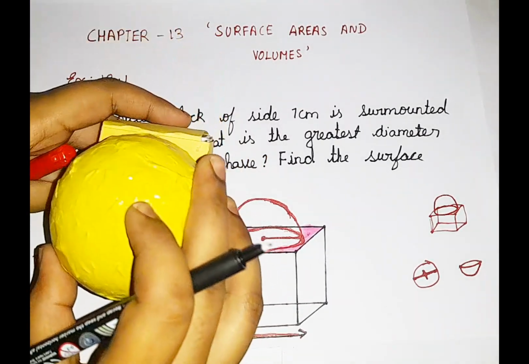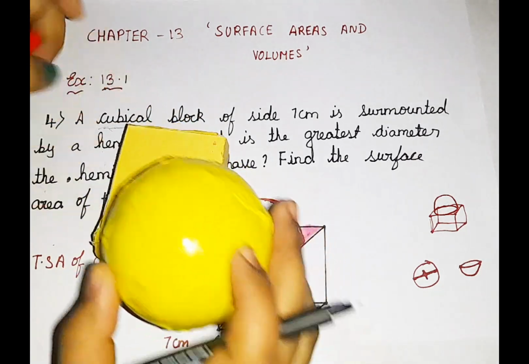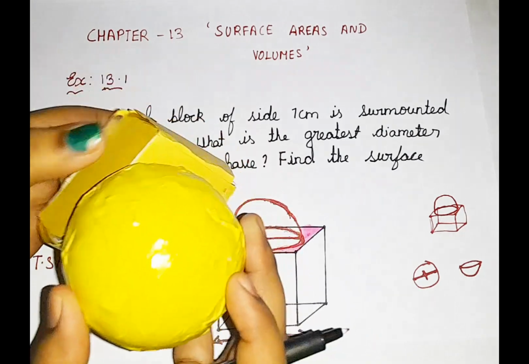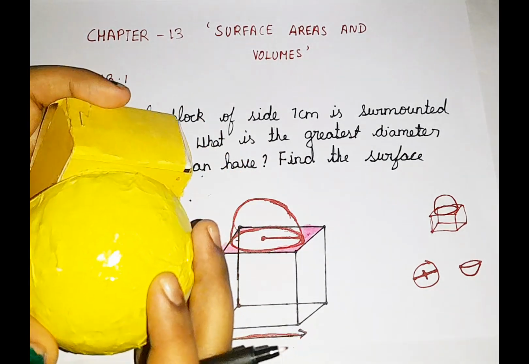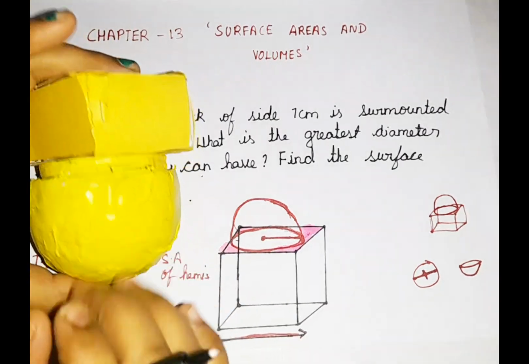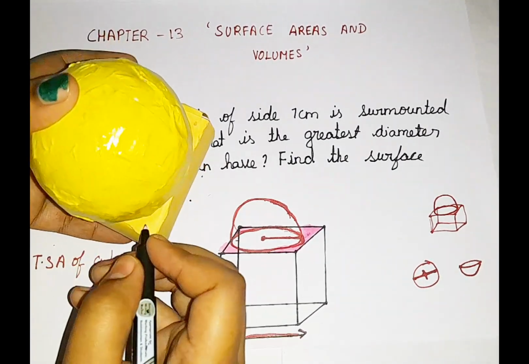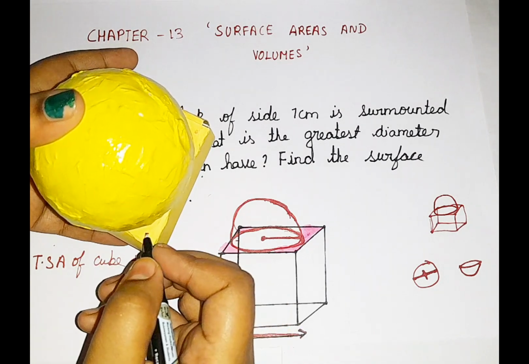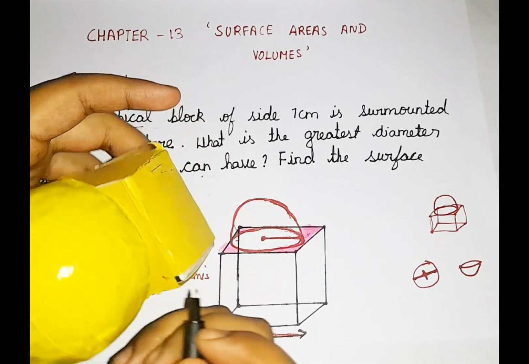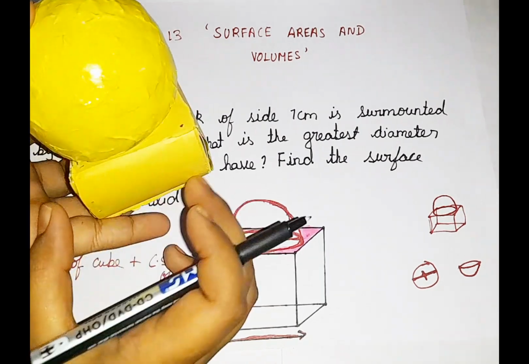So I won't be able to paint this part. Why? Because the hemisphere is stuck to it. But I am able to paint this part. So I'll mark it with red color: this part, this part, this part, and this part. I hope you can see it.